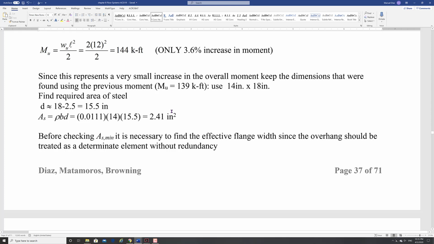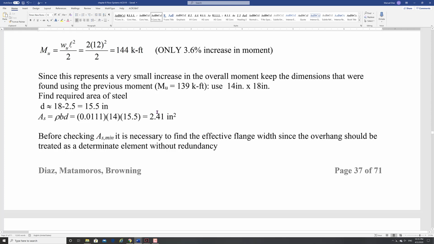So I need to check the minimum, right? But the problem with the minimum here is, where is the tension? The tension is on the top. It's a cantilever, right?